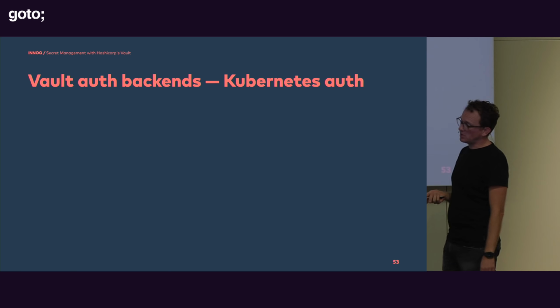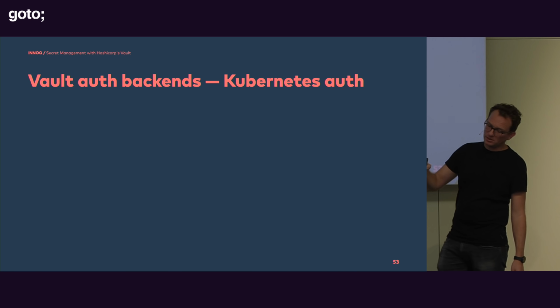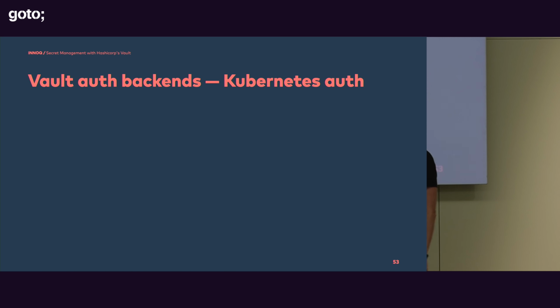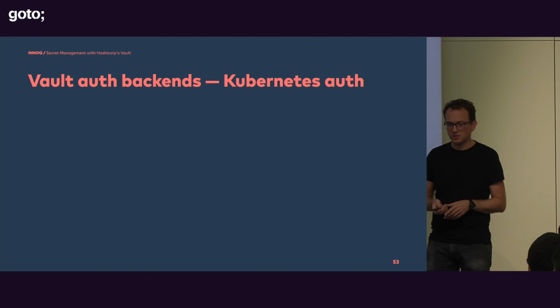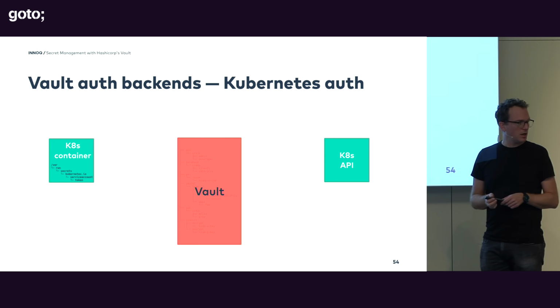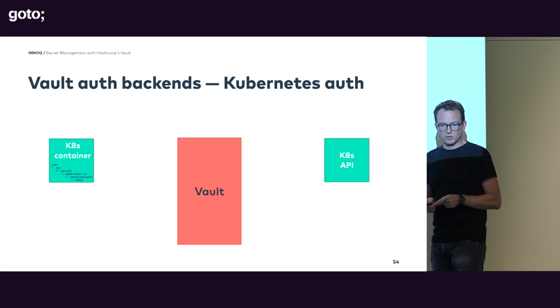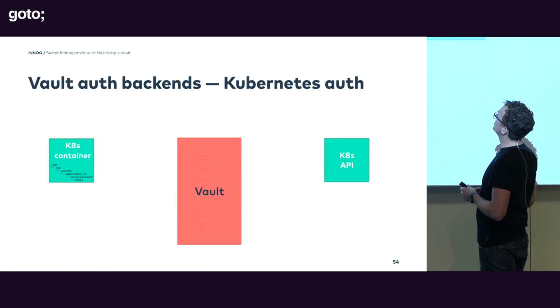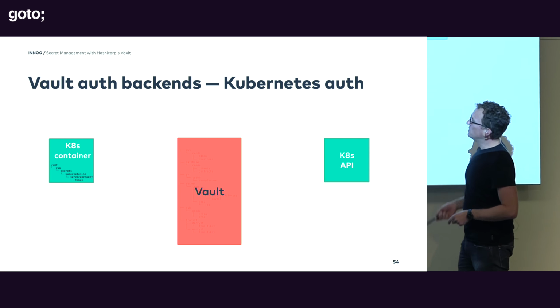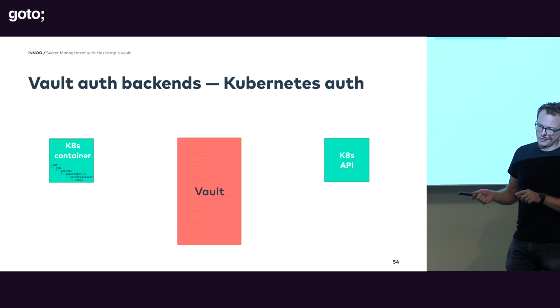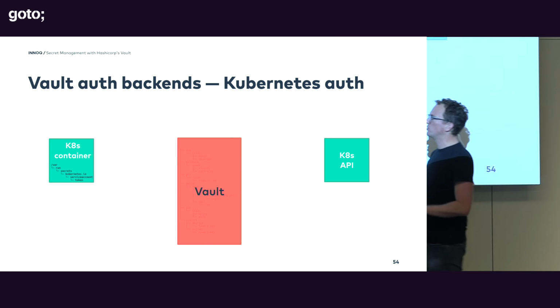For applications, so now we're back to the question, how do I get a password for a database to my application without storing it in my Git repository? And the first backend I want to talk about is Kubernetes auth for people who use Kubernetes. If you don't know Kubernetes, every pod, if you don't know what a pod is, just think of containers.